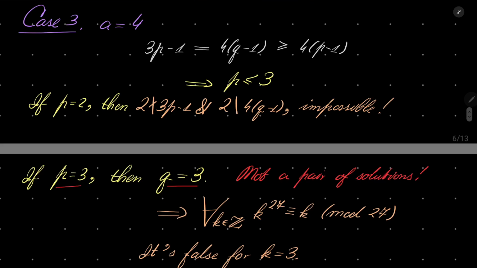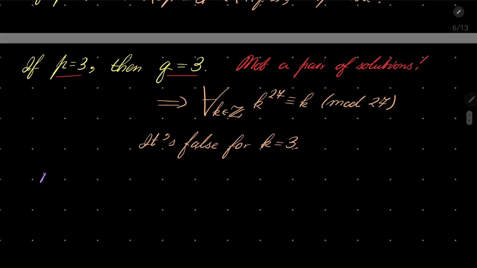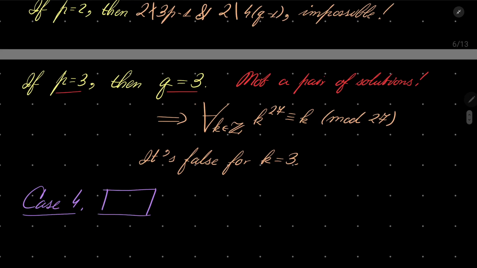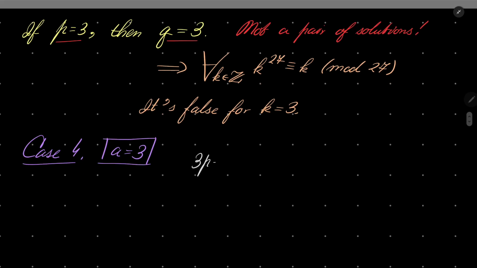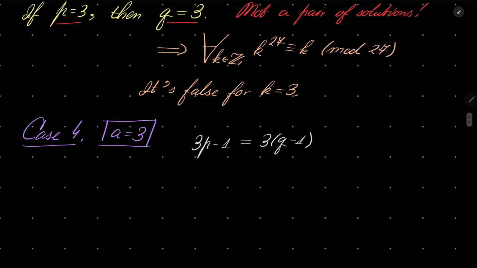Okay. Case number 4. Now we are considering A equals 3. Can A be equal to 3? Well, let's take a look. That means that 3P minus 1 equals 3Q minus 1, and here we have a contradiction immediately, because this is divisible by 3, this is as well, but this isn't.